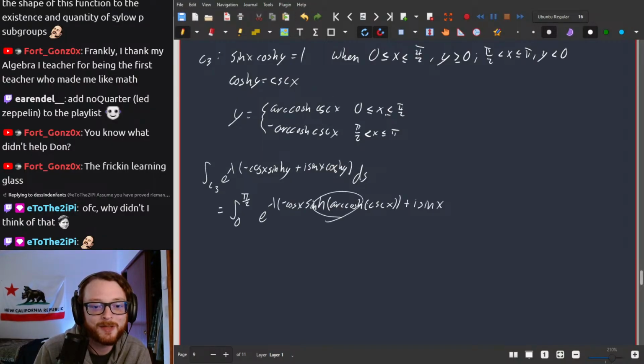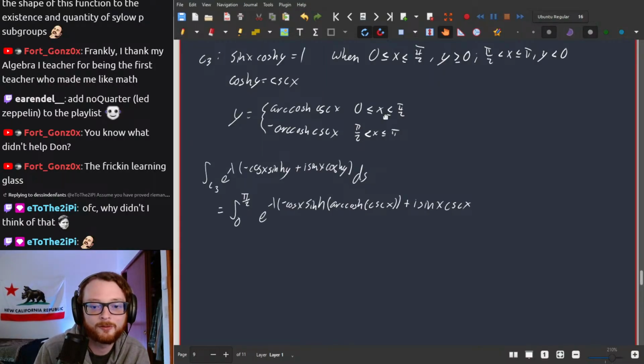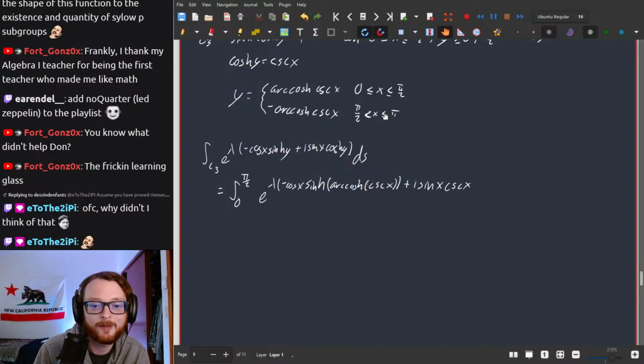Sinh of arc-Cosh, that should simplify. Sin x. Oh, of course, the imaginary component is going to be constant. Of course it evaluates to 1, because that's what the contour was. ds. Okay.